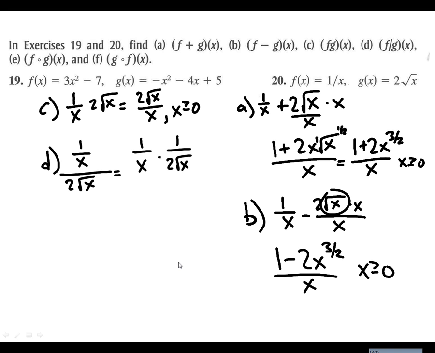And so we've got ourselves a fraction in the denominator. That is never ever allowed, so we need to multiply both sides by x to the 1/2.